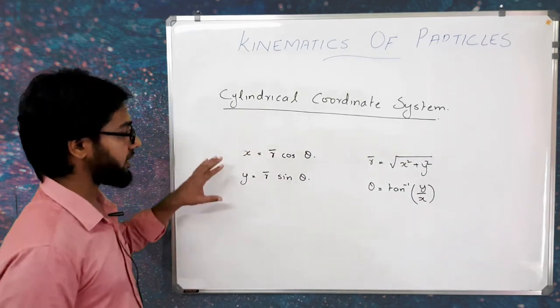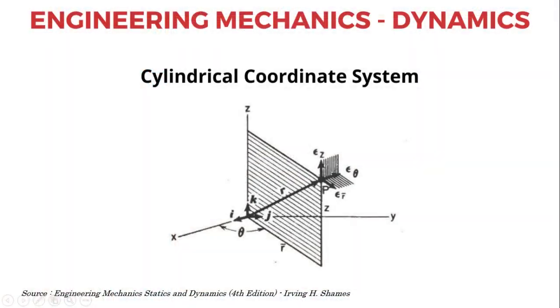So if you look at the figure, the unit vectors associated with the cylindrical coordinates are three: epsilon z, epsilon r and epsilon theta. Now epsilon z is aligned along the z-axis as in the Cartesian coordinate system. This is called the axial direction.